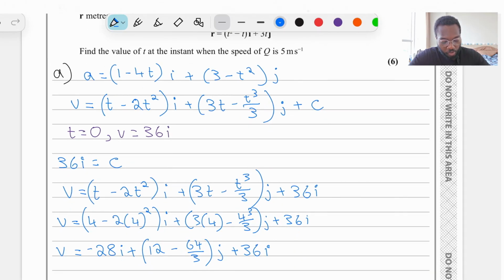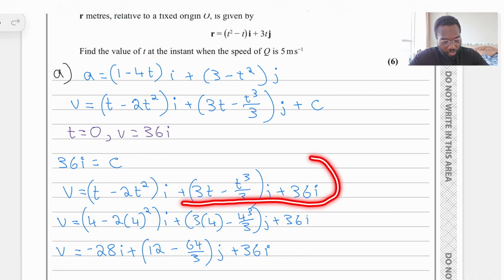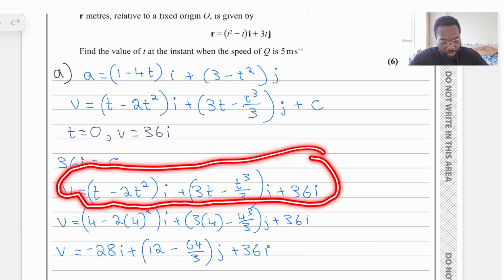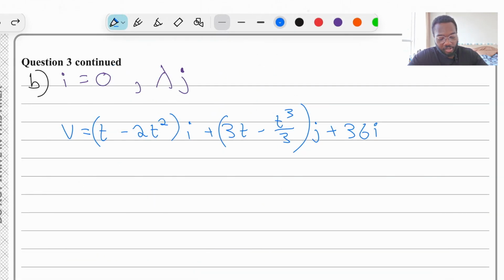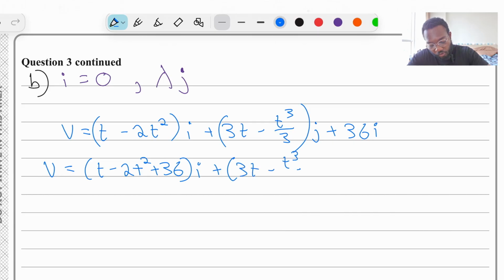So what we're going to look at now is this equation here. This is the equation we care about, so I'm going to rewrite that now. I brought over our v equation, and what I'm going to do with that 36i is group it with the other i components. So we have t minus 2t squared plus 36 i, and then we have 3t minus t cubed over 3 j.